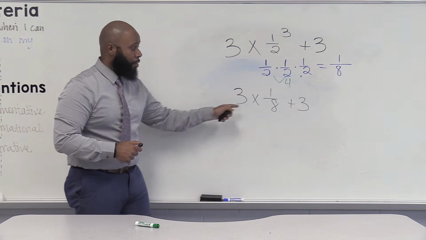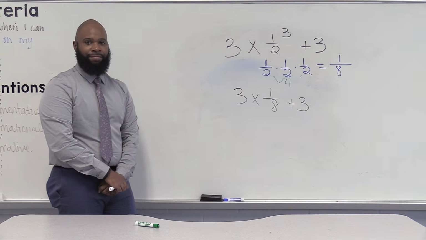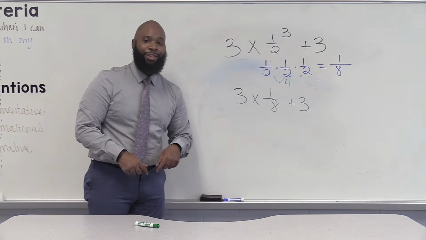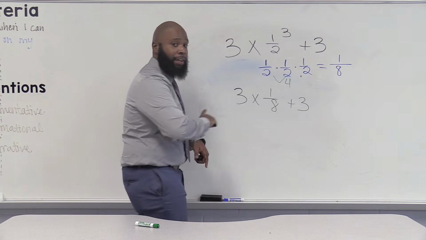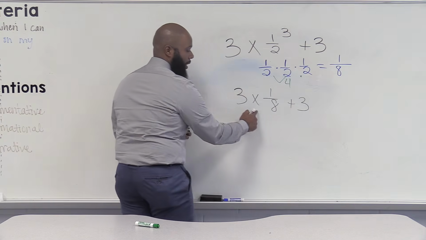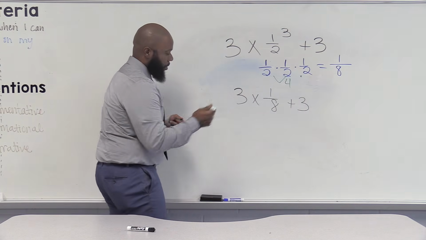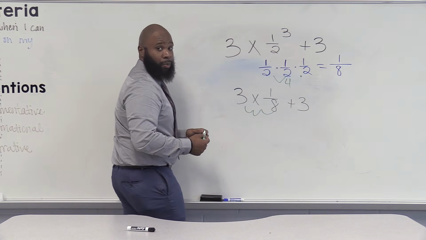Are we going to multiply or are we going to add? If you said multiplication, you are correct. So I'm going to multiply, remembering I'm going from left to right, 3 times 1/8.